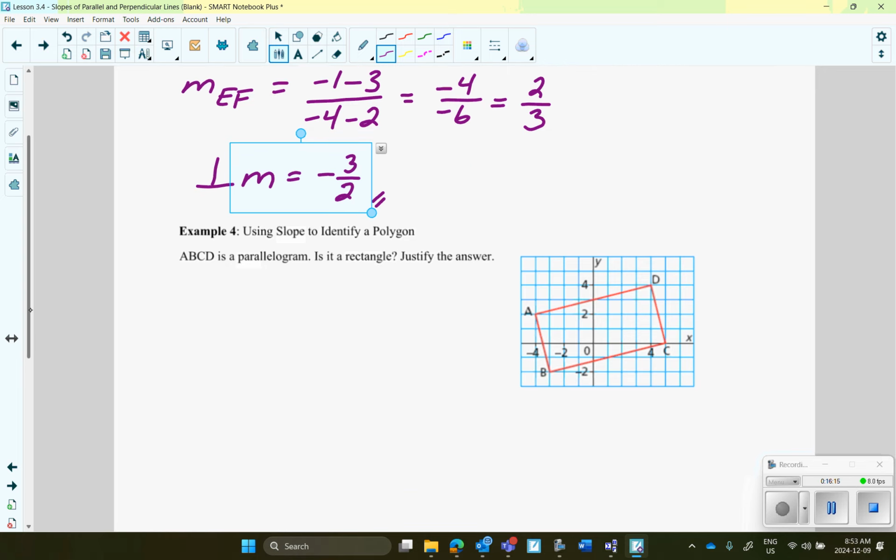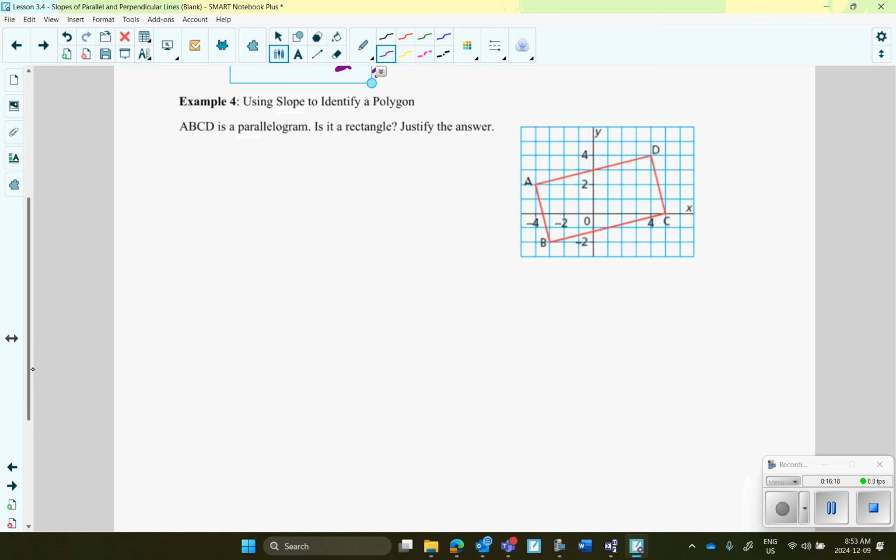Okay, the last one. Last one we gotta remember our four-sided shapes. We are told that this figure on the graph is a parallelogram. Do you remember what a parallelogram is? So the opposite sides are parallel, yes.